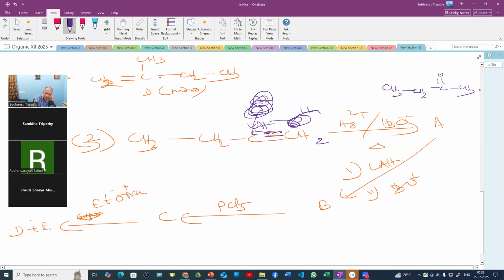That is why this is good for terminal alkynes to give a unique product. Always a terminal alkyne gives a 2-one.